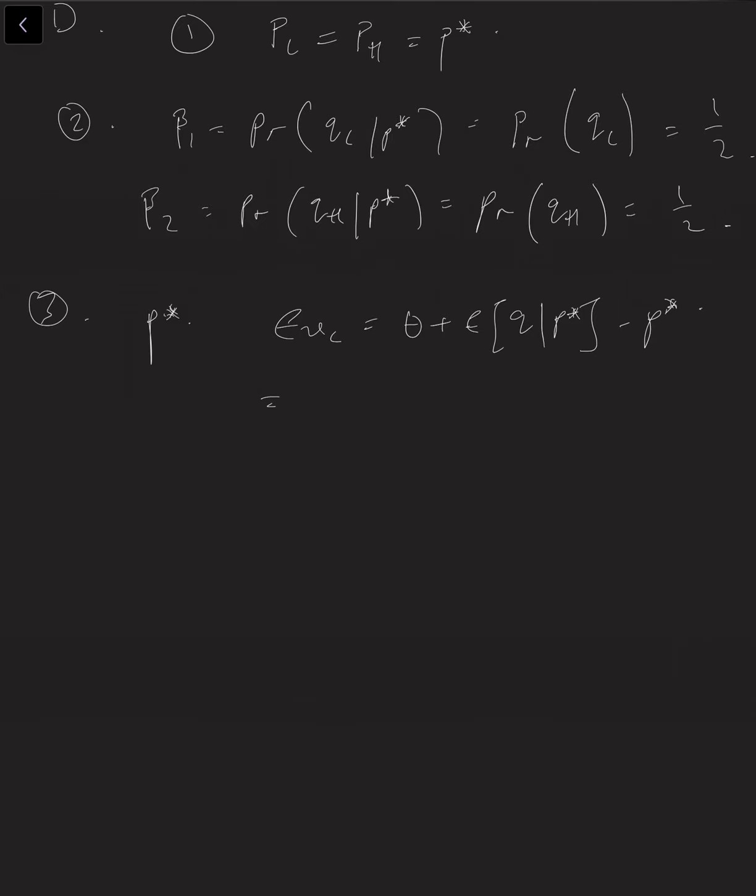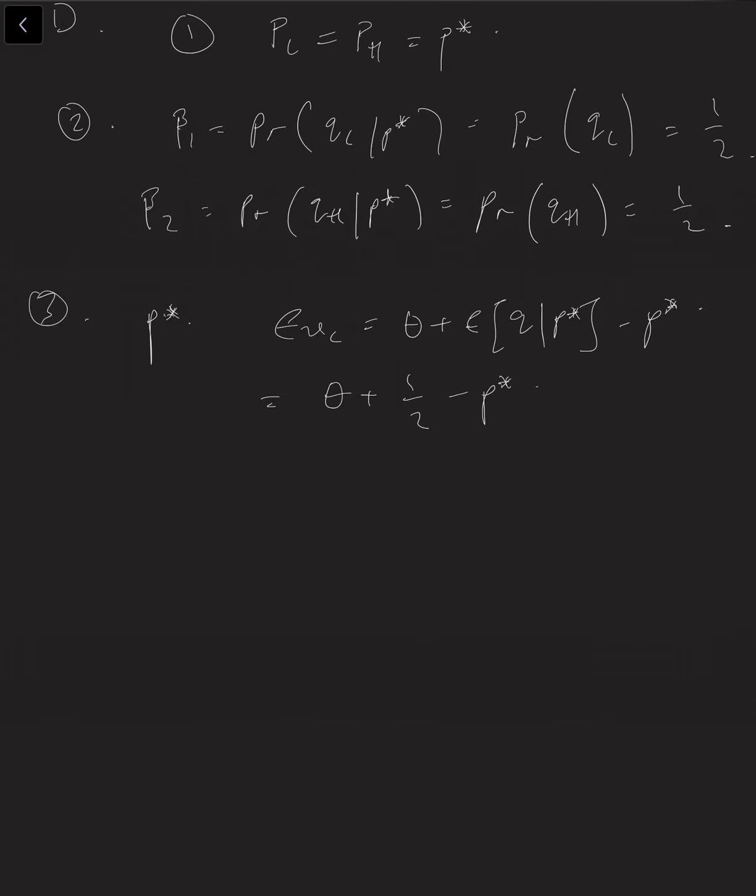So this expectation is of course, with probability half it's low quality, 0, and with probability half it's high quality, quality 1. So this just becomes half subtract P star.